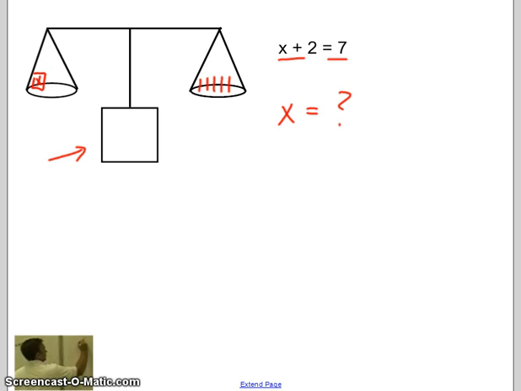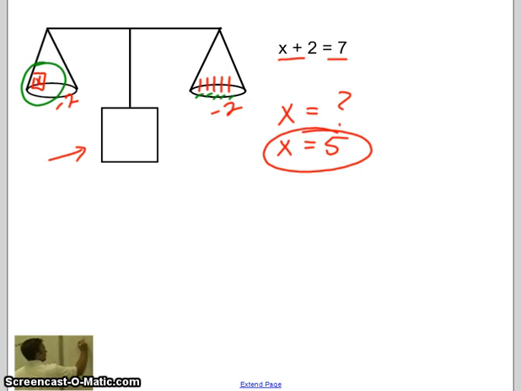Alright, so now I just have x over here, and then I have 1, 2, 3, 4, 5 dashes on the other side. So what that means is x is going to equal 5. Now what I did to figure that out is I subtracted 2 over here and I subtracted 2 over here.